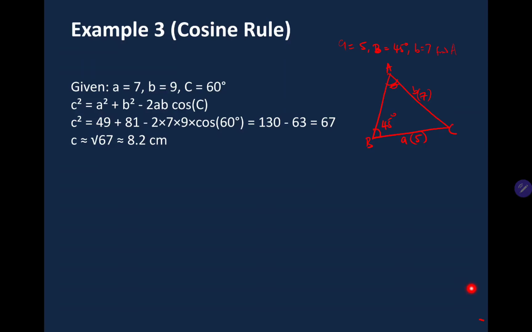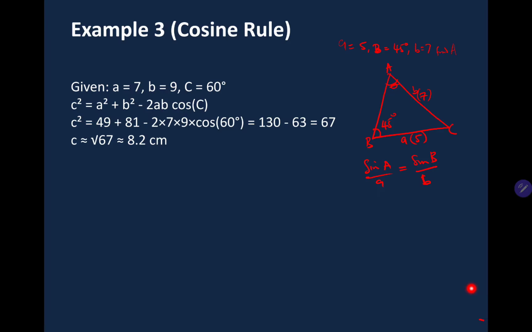Okay, so if I use the sine rule, which says that sine A over A is equals to sine B over B. With this, you need at least one angle and its opposite side plus one other angle or one other side. So here we have the angle 45 degrees and the opposite side 7.